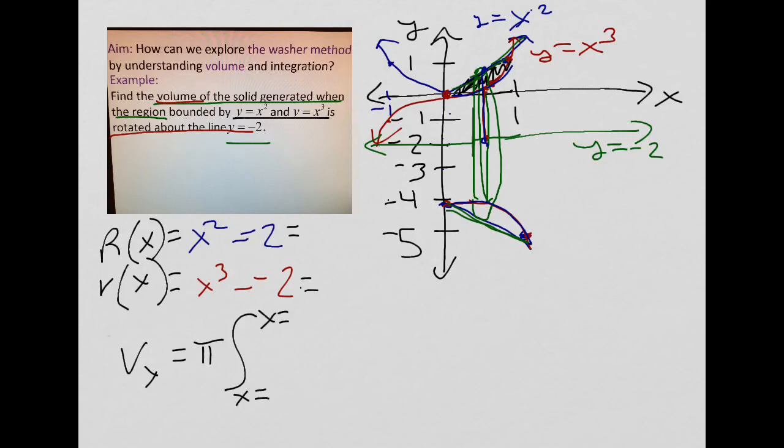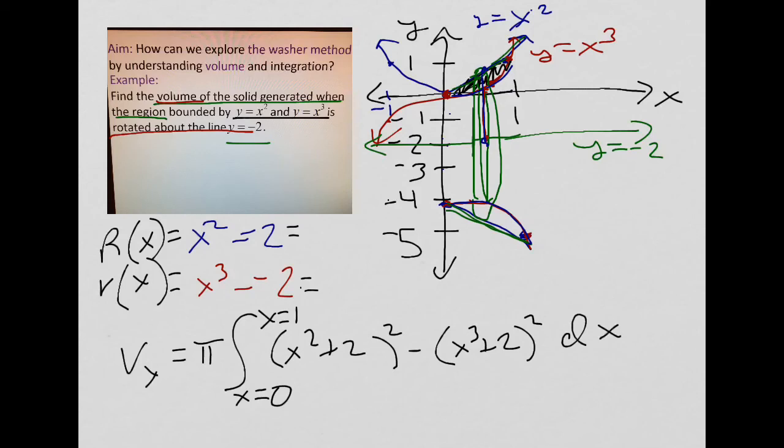So our region started when x was 0 to when x is 1. We're going to have big R squared, and big R turns out to be x squared plus 2, minus little r squared, which turns out to be x cubed plus 2, and it's going to be with respect to x. And so this is our setup, and we can solve.